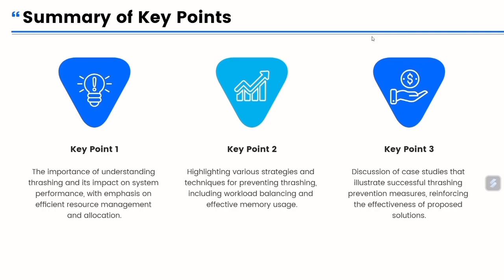Key point 2: highlighting various strategies and techniques for preventing thrashing, including workload balancing and effective memory usage. Key point 3: discussion of case studies that illustrate successful thrashing preventive measures, reinforcing the effectiveness of proposed solutions.